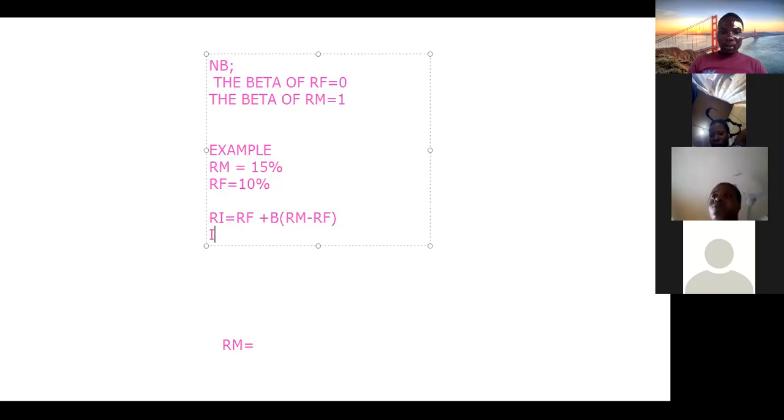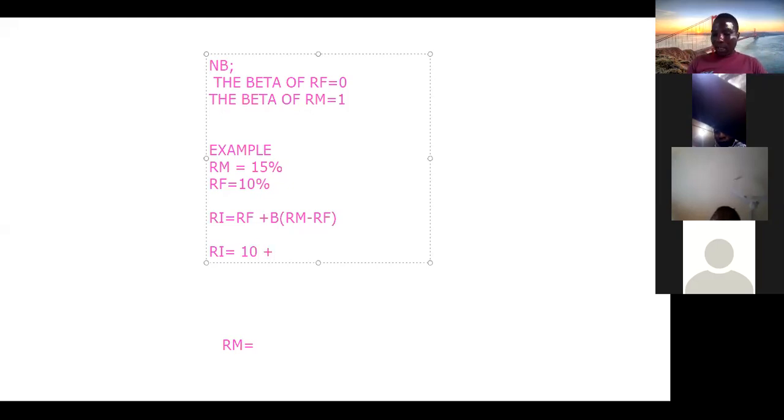So the required return for the first one will be equal to Rf, which is 10%, so 0.1, plus this one. You can use the absolute numbers, 10 plus the beta of the first one, which is 0, bracket open, market return 15 minus RF, which is 10.